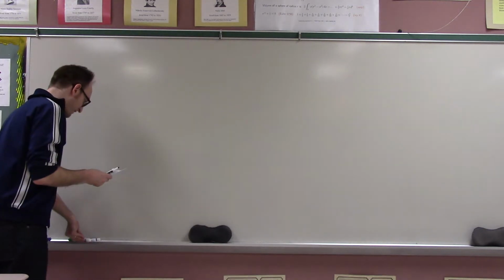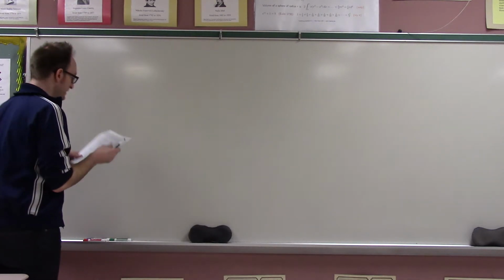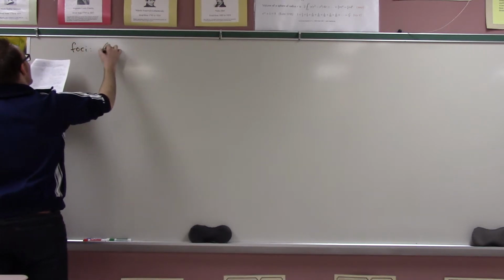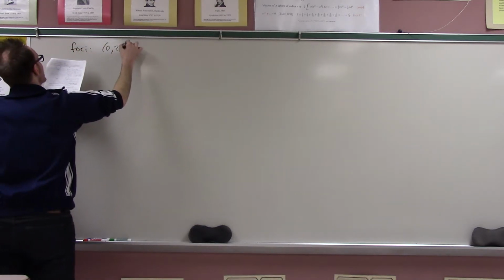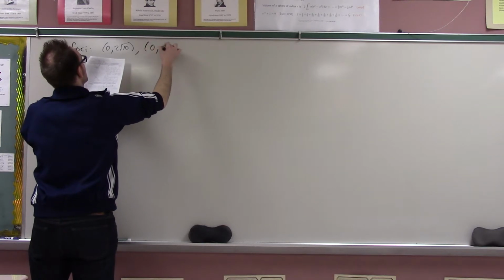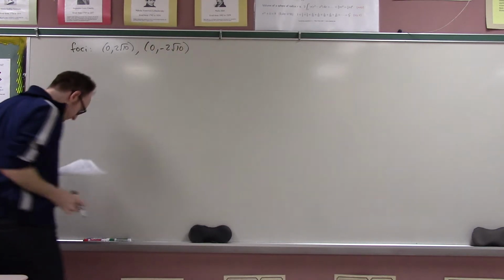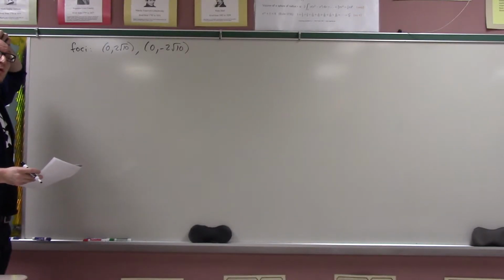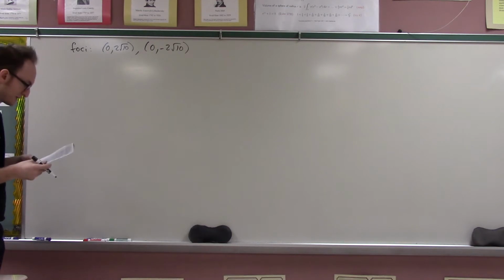This is now the next page, page 5. So what are we told? We're told we have a hyperbola whose foci are at 0, comma 2 root 10 and 0, comma negative 2 root 10. So 2 root 10 is like root 40, so that's more than root 36. So this is like 6 and some change.